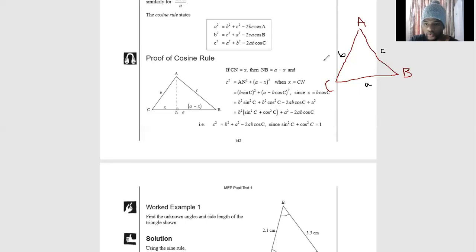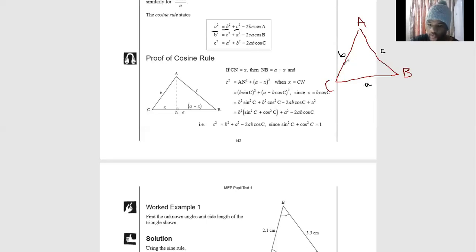Then let's come to the cosine rule. Let's say that you want to find the side a. It will be a squared is equal to b squared plus c squared. This is almost like the theorem of Pythagoras, but since there's no 90 degrees, that's how I remember it.